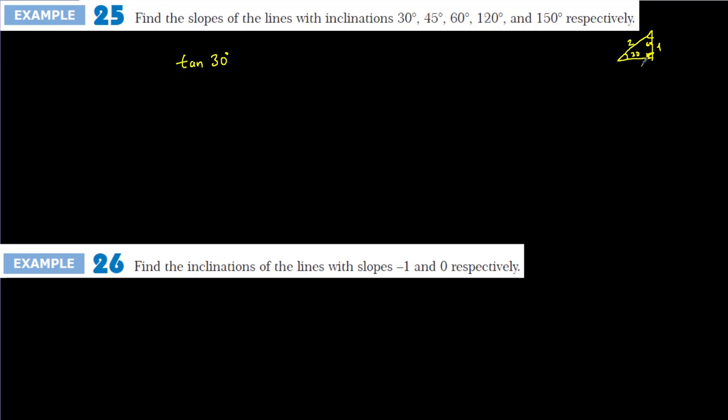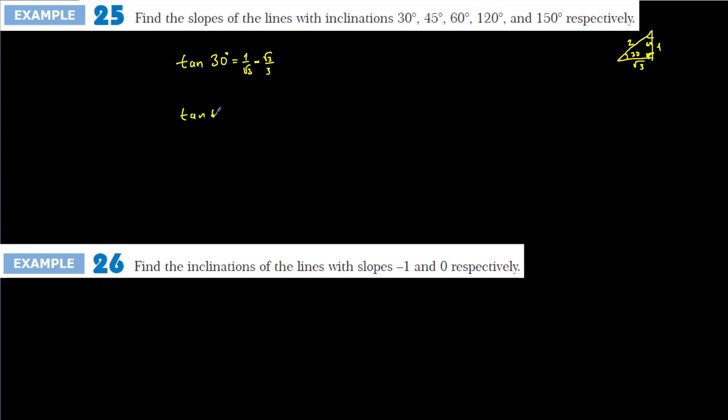The hypotenuse is 2, the side opposite 30 is 1, and the other length is root 3. So tangent 30 is 1 over root 3, which is root 3 over 3 after rationalizing the denominator.